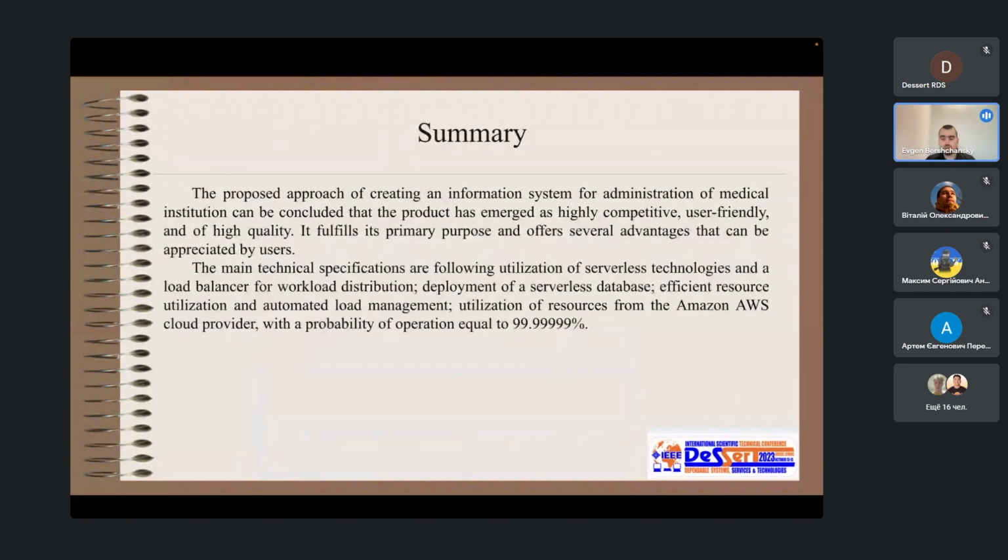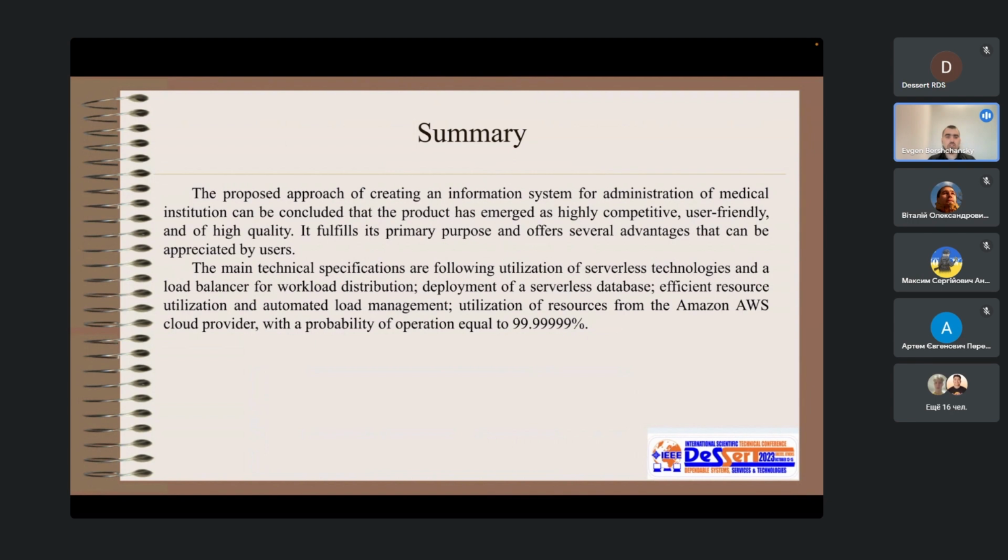So to summarize everything, I developed a cloud-based solution for medical information systems. We deployed the database as a serverless layer, which eliminates security and performance issues.